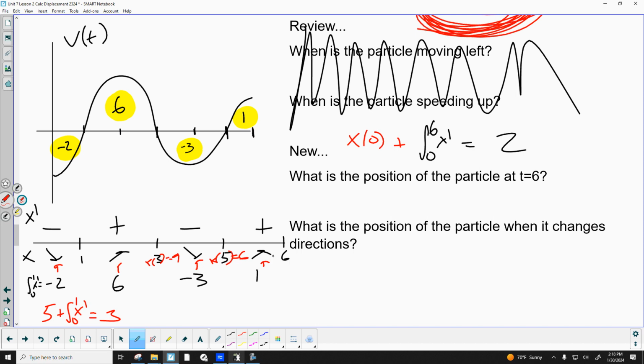At time 6, I'm at a position of 7. From 5, my overall change in position is 2. Add them together, you get 7. That's where I end. The accumulations of my derivative just tell me how much I go up and go down. You got to know where you start from and go off of that. These are all the positions when I change direction.